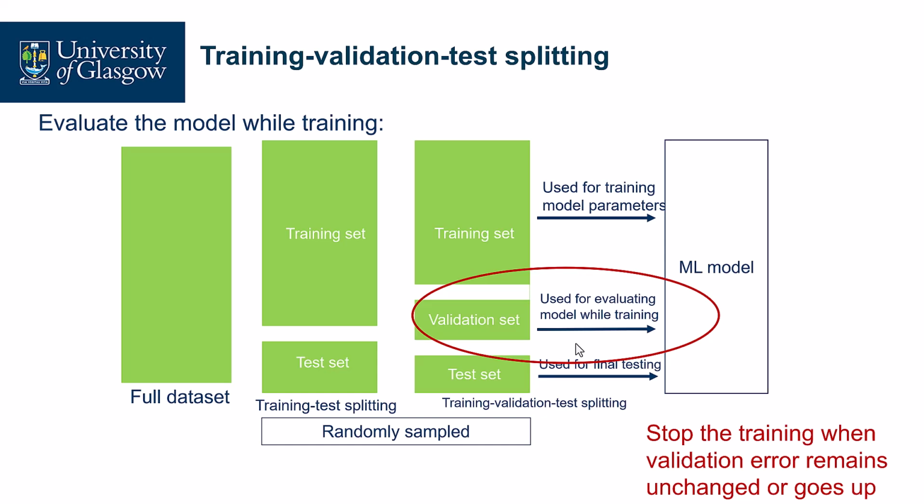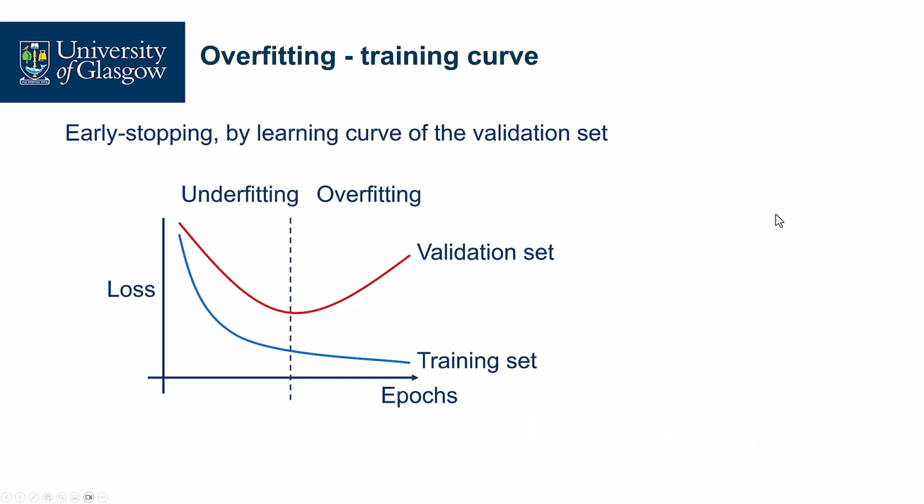So why can this help? We can see the following figure. The f(x) is here, the loss is here. This is the training data. If we only look at the training data, the loss function will always decrease. But we can divide this into two phases.